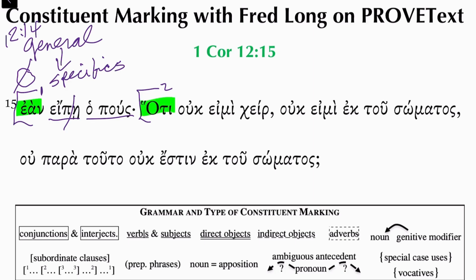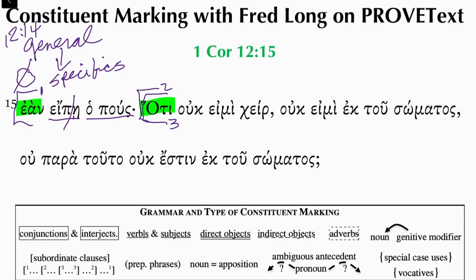Now this hoti is also starting a subordinate clause. So we're getting layering of subordinate clauses. And so each of these receives a bracket. So at the start of hoti, you have a bracket that I number 2, and then also a bracket I've numbered 3.